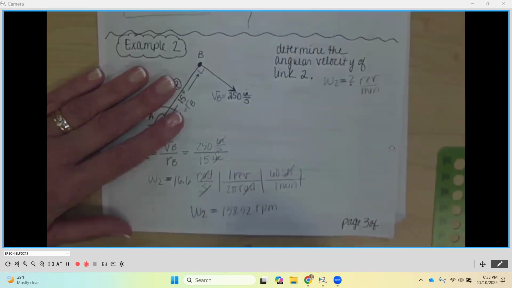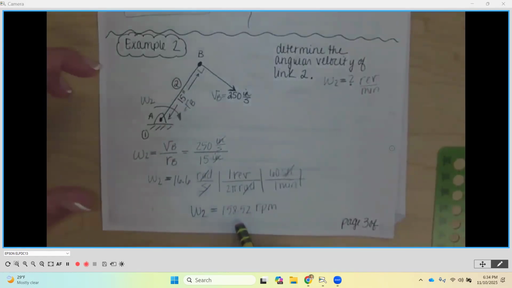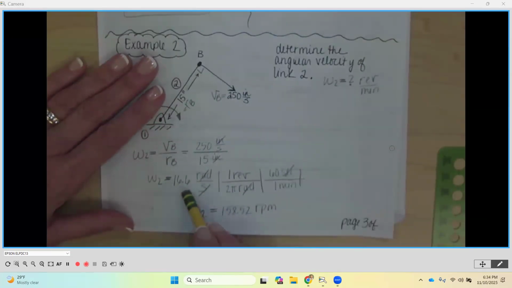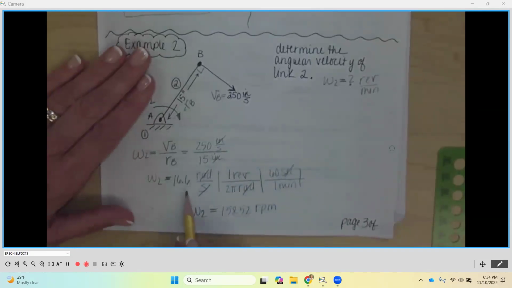If you take 16.6, without the extras, just 16.6 times 60 divided by 2 divided by pi, what do we get? 158.52? Okay, same thing. If you hold this and keep these digits and then continue, it might be that 159. Is that what's happening? Okay. I'm just going to stick with what's here.